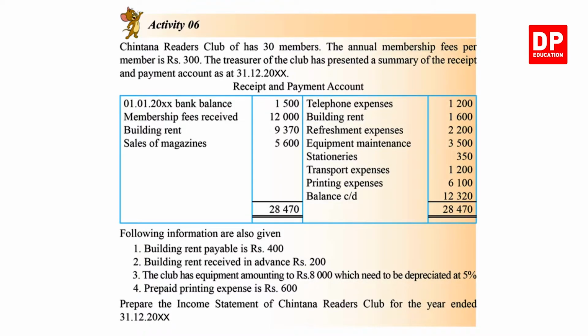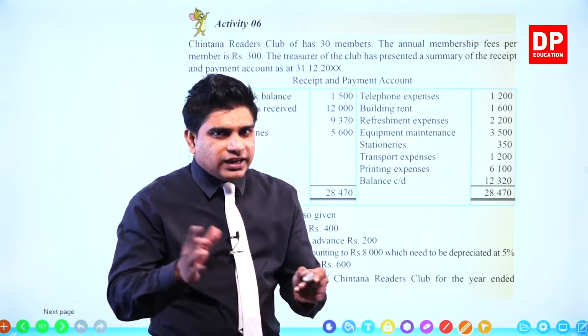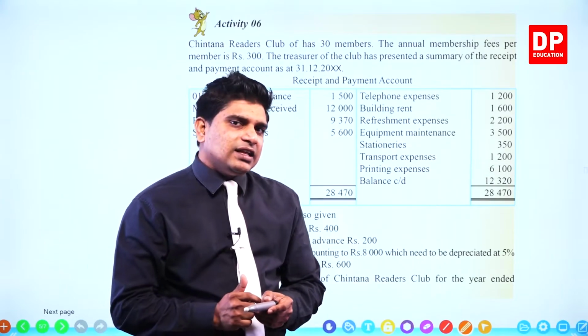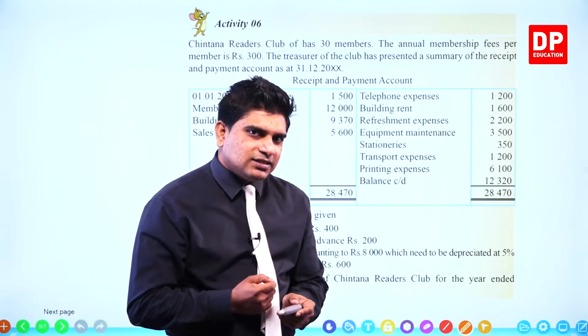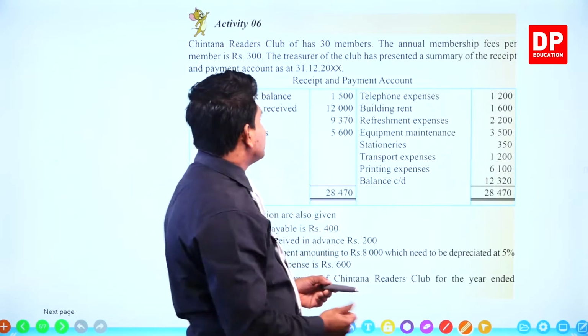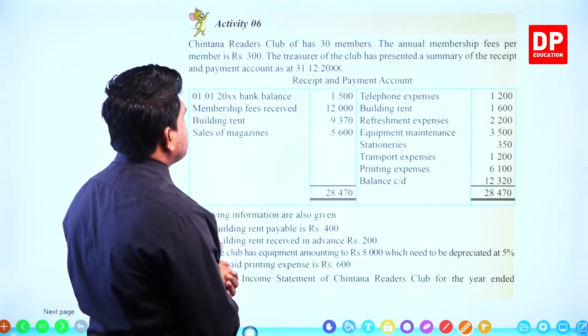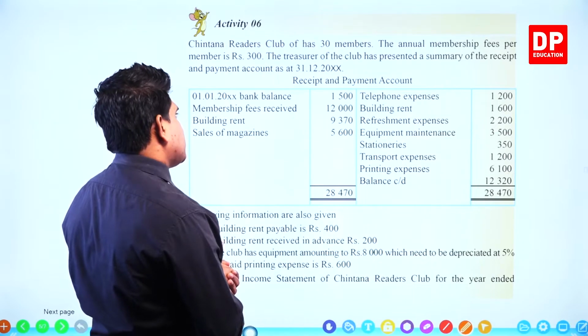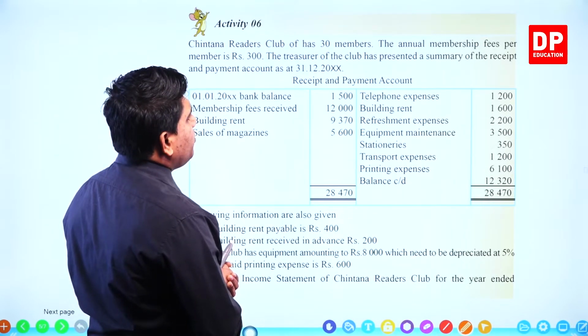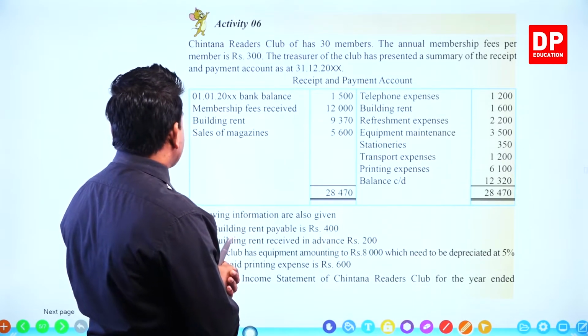This is activity 6 in your textbook. Quickly turn to activity 6 and read well. Are you ready? Yes. Chintana Readers Club has 30 members. The annual membership fees per member is 300.